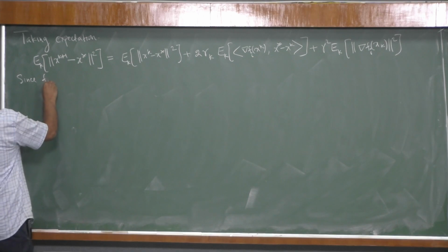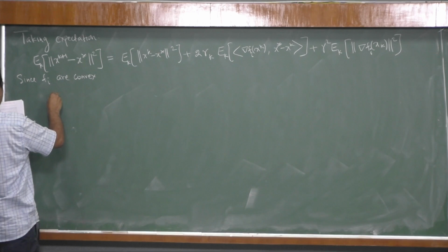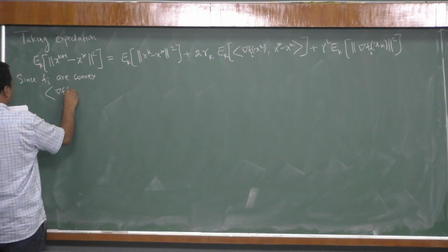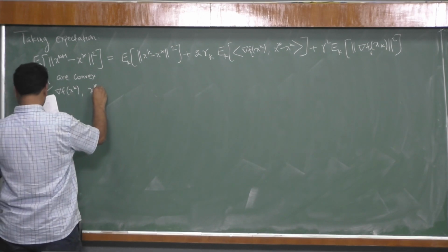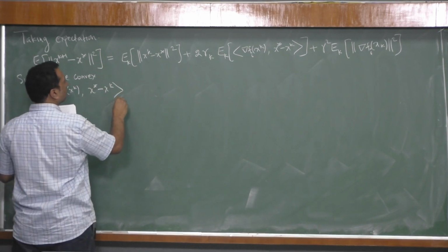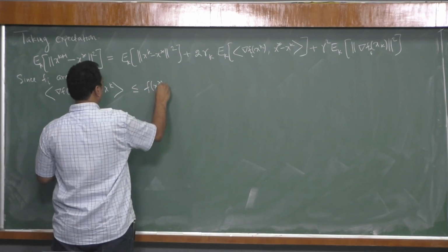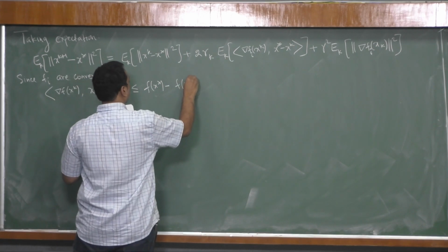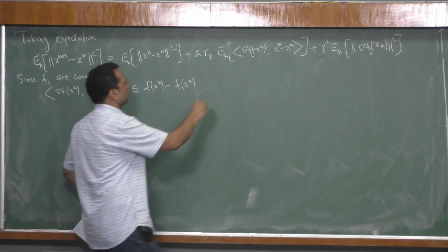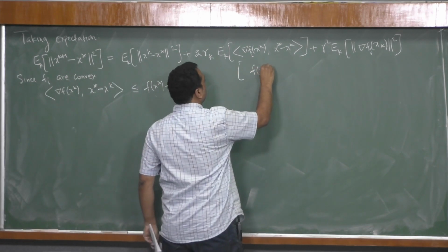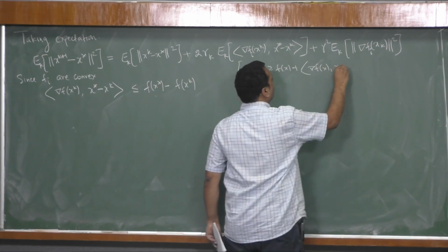So since f_i are convex, we have inner product of grad f(x_k) with x star minus x_k must be less than or equal to f(x star) minus f(x_k). This is coming from the fact that, if you recall convexity, f(y) is greater than or equal to f(x) plus grad f(x) inner product y minus x.